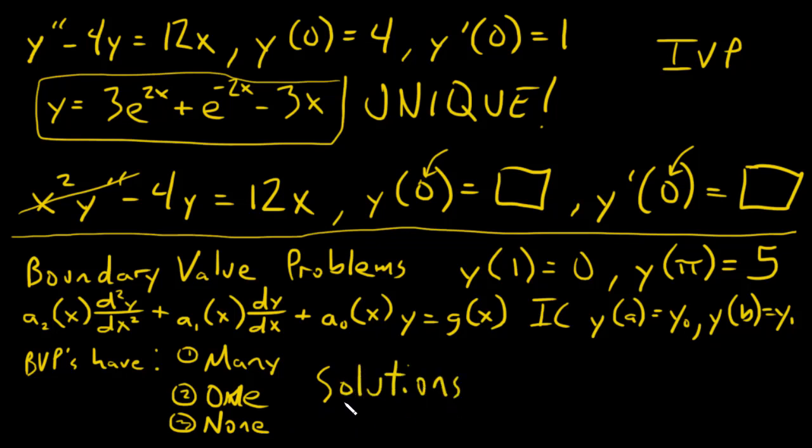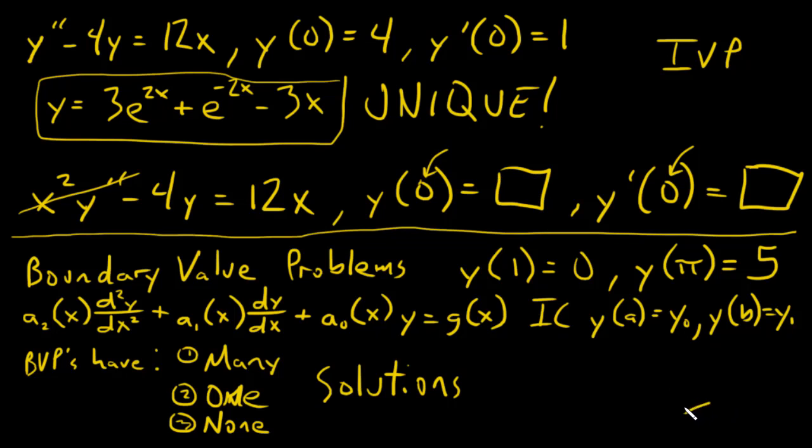Okay? You do not get the unique existence for boundary value problems. That boundary value problem is going to either have a bunch of solutions, one solution only, or no solutions. Okay? So, unfortunately, we can't guarantee what we were able to with the initial value, but that's okay.